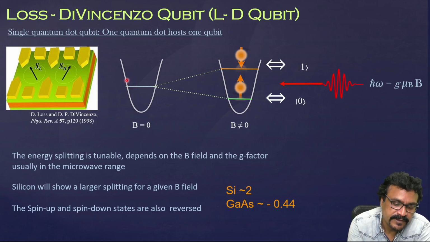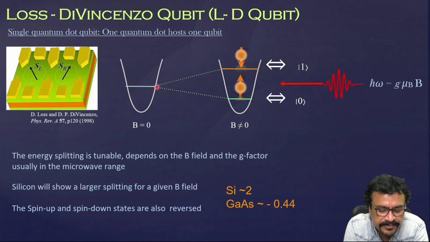In the absence of any field, the potential would look somewhat close to a parabola in shape for one dot. That would split into two spin states, up and down, under the application of a magnetic field.